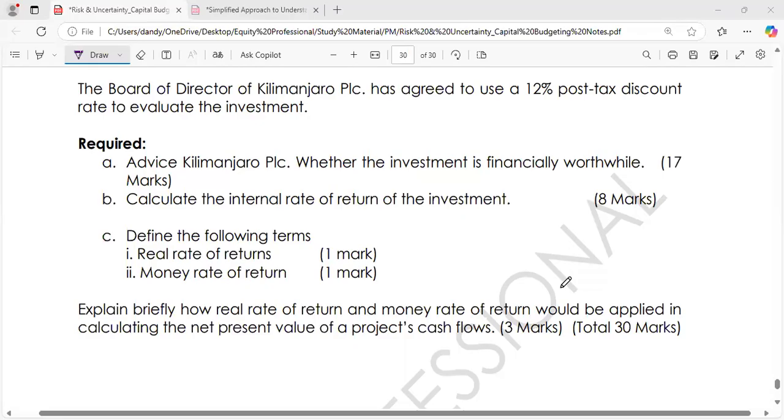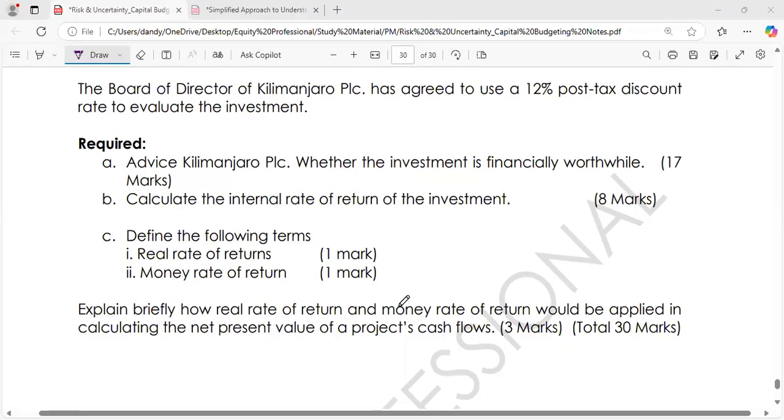So your response should be that in the calculation of the NPV above, the money discount rate of 12% was applied to discount the money cash flows. Then the real rate of return should also be used for real cash flows. That's what the examiner is asking. Just mark it, pocket it. Of the entire 30 marks, there's nothing stopping you from scoring 25 marks and above. If you score 30 marks, that's excellent.